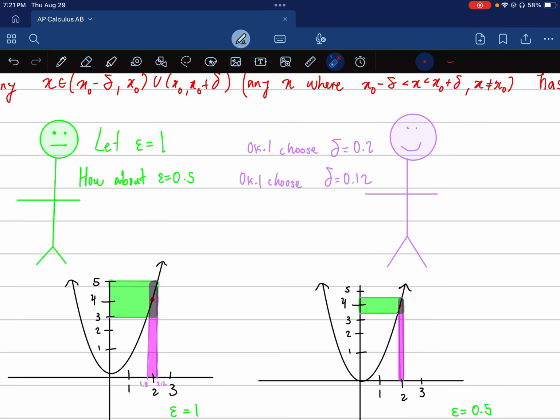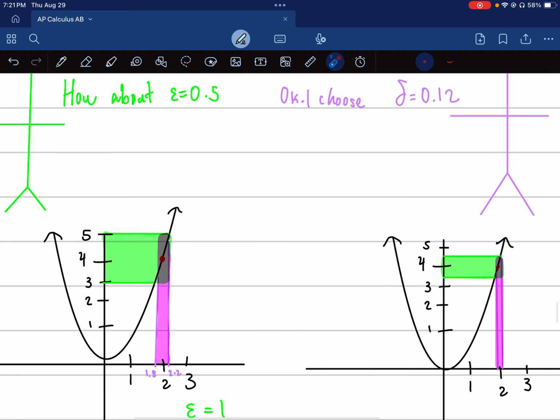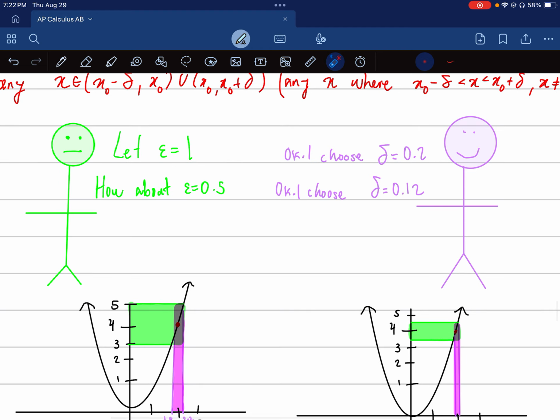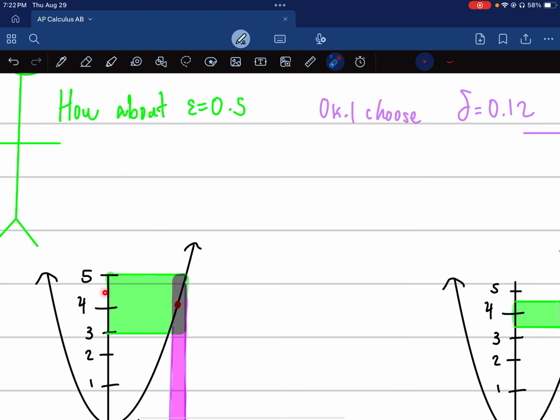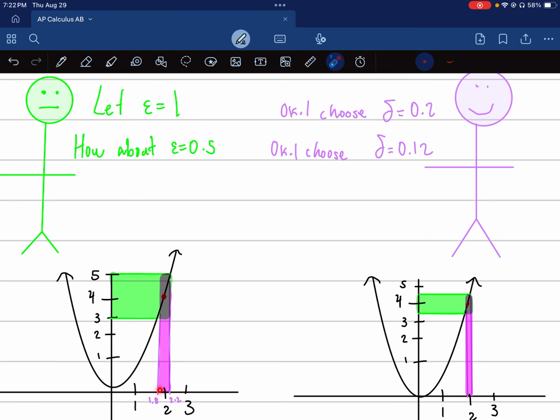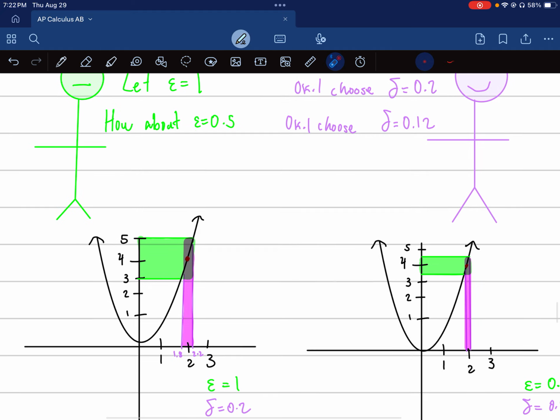So you say, how about we let epsilon be equal to 1? I have to find a delta such that all values inside my delta neighborhood have a y value inside your epsilon neighborhood. So let epsilon equal 1. Well, here's our epsilon neighborhood. Can I find a delta neighborhood such that all values of x have y values inside here? Okay, let me choose delta equals 0.2.